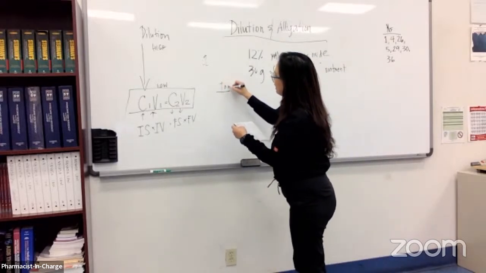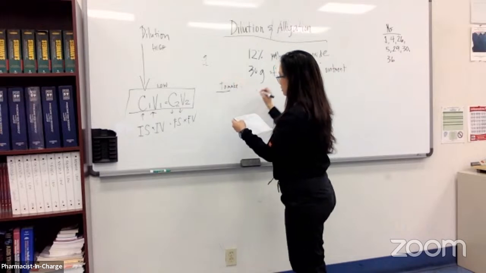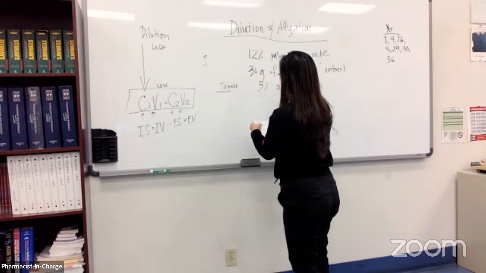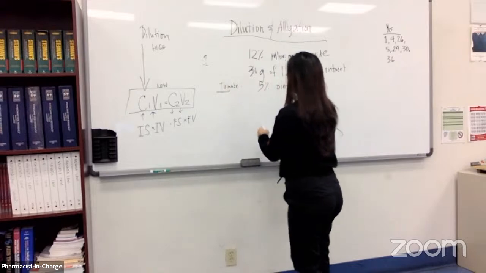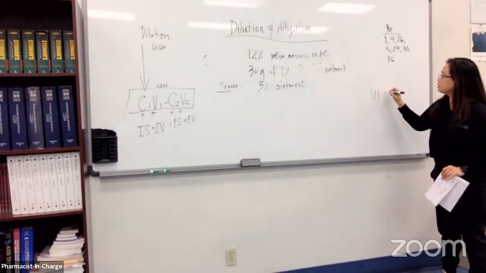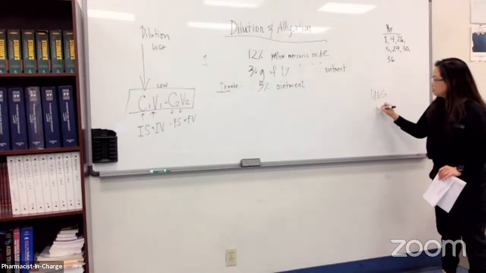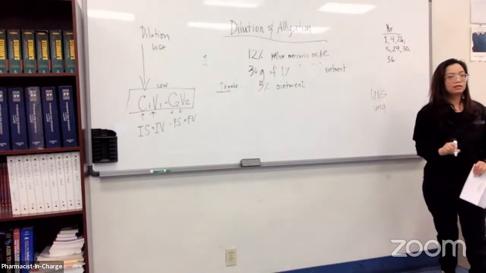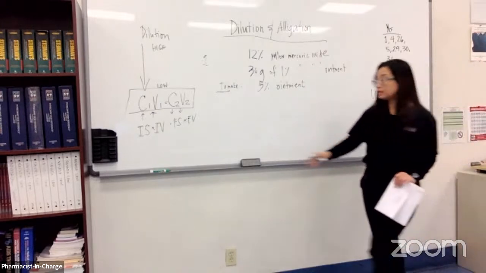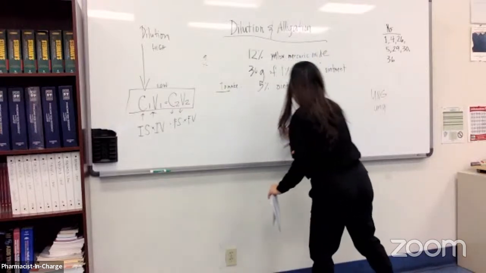I always put "to make." Take note, UNG is the abbreviation. UNG lowercase means ointment. Unguento, just in case.